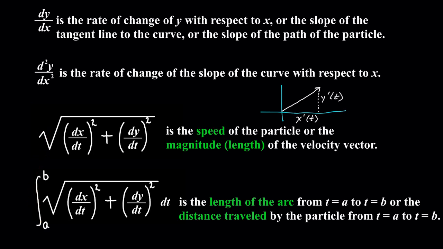You can refer back to the previous video that we had on arc length, when we were dealing with just equations in terms of x and y, to see how we got this equation. Back in that one, when it's an equation in terms of just x and y, this was 1 plus (dy/dx) squared. But when we have a horizontal and a vertical component, we're going to have (dx/dt) squared plus (dy/dt) squared right here.